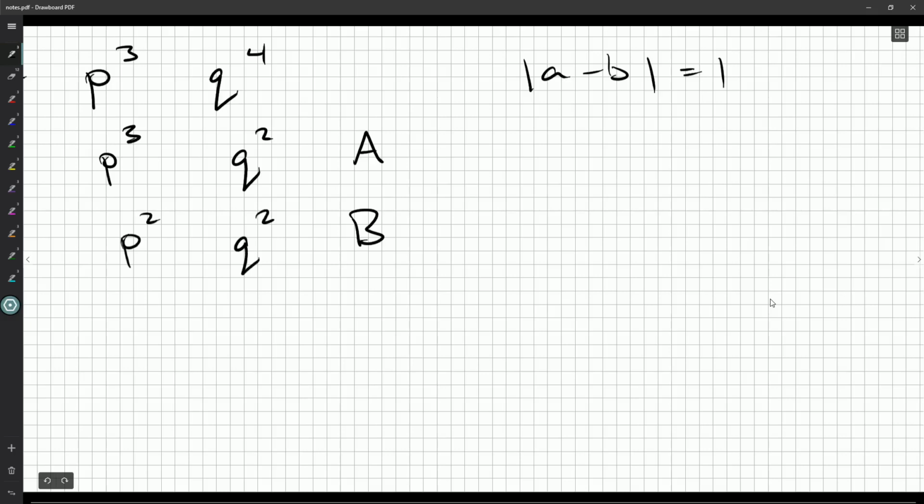And then Alphonse on his next turn would probably do P squared Q. But then Beryl will do 1Q, and Alphonse will lose. So Alphonse wouldn't want that. So basically, you can't be the first person to drop to a single prime. If you're the first person to write a prime or 1, you've lost. That's it.